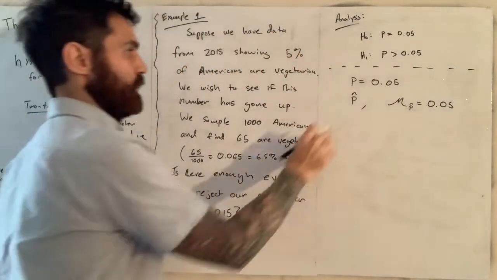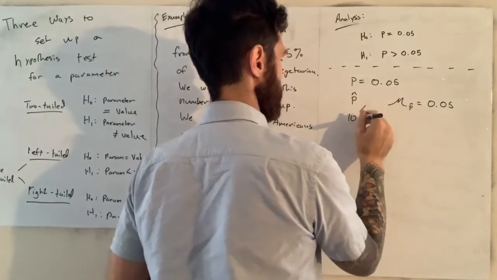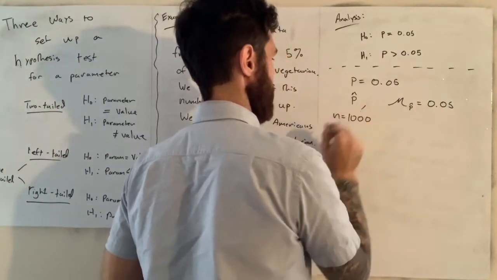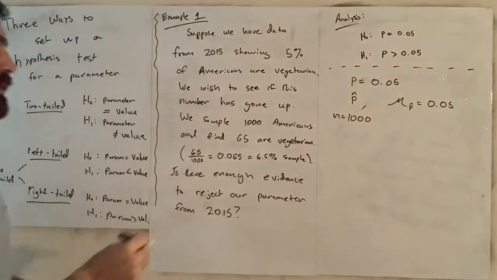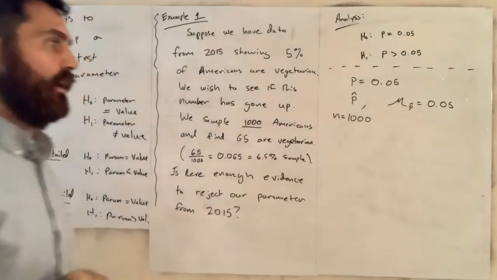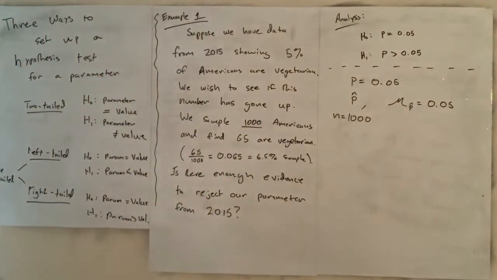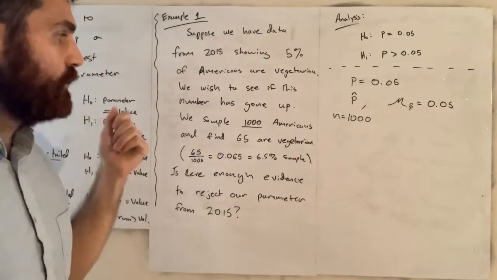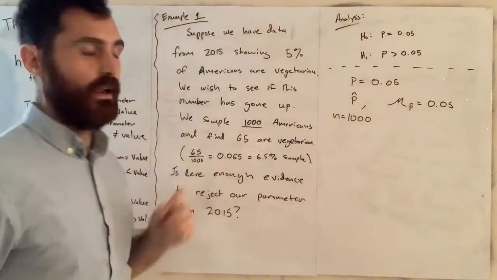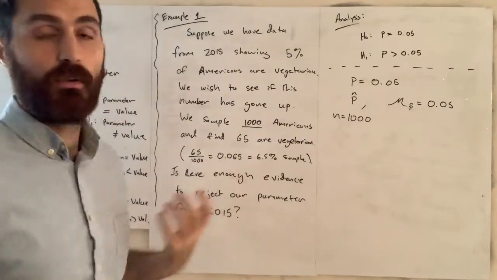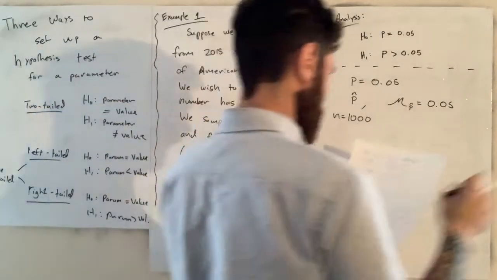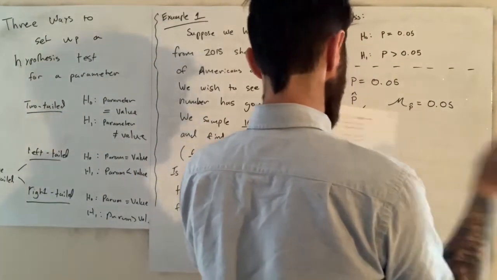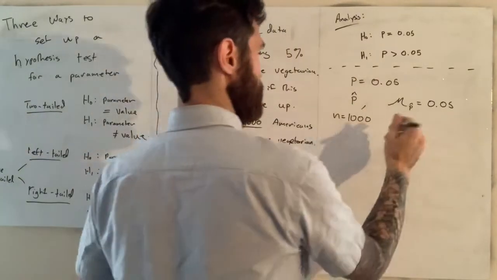And when we're looking at p hat, what sample size are we using? We're using n equals 1,000 because we're thinking in terms of all samples of Americans that are size 1,000. And what we want to do is determine if our sample is typical. Okay, so we have n equals 1,000.